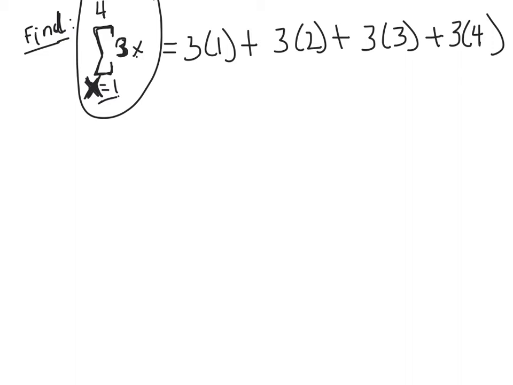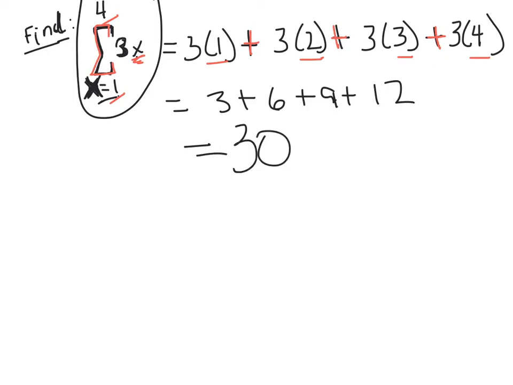So you can see all the numbers 1 through 4 have been placed into this expression, and then I added all those values up. So we're going to end up with 3 plus 6 plus 9 plus 12, which is just 30.